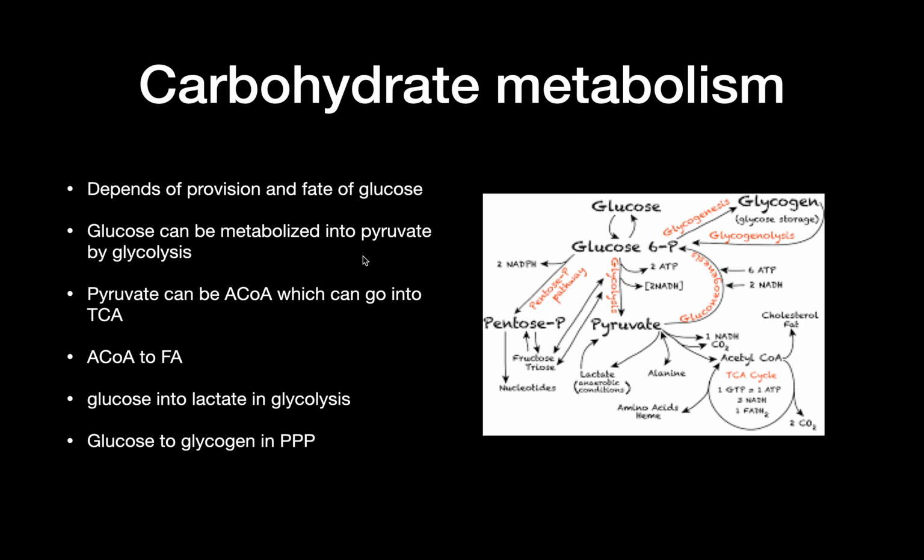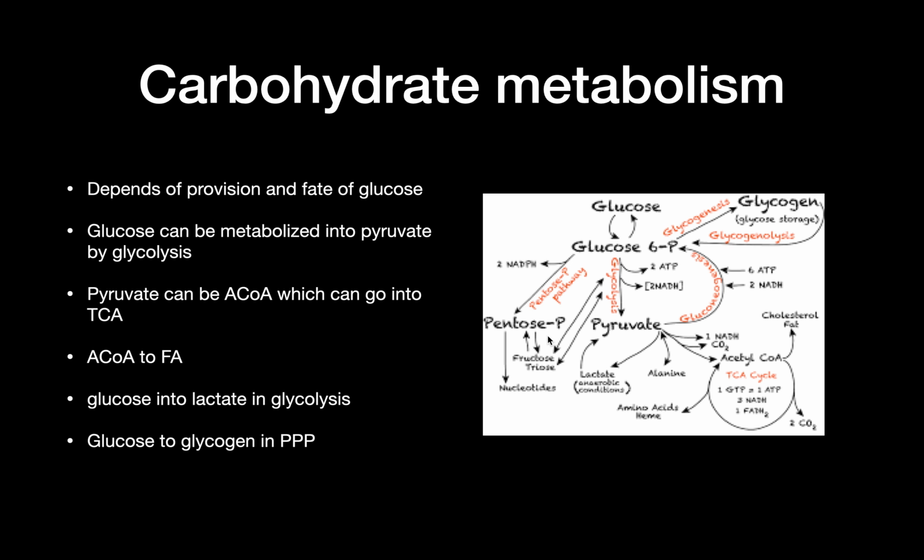Glucose can be metabolized into pyruvate by glycolysis, and the pyruvate can become acetyl coenzyme A, which goes into the TCA cycle, and then acetyl coenzyme A itself can form either fatty acids or it can actually make amino acids. And the glucose can turn back into lactate in glycolysis, and then the glucose can be transformed to glycogen in the pentose phosphate pathway.